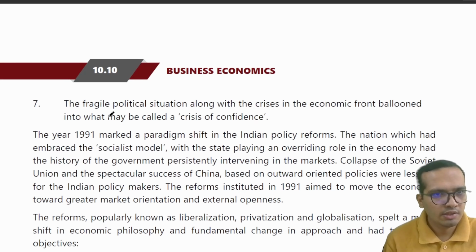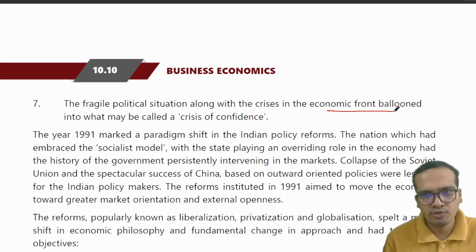And seventh, the fragile political situation along with the crisis on the economic front ballooned into what may be called a crisis of confidence.